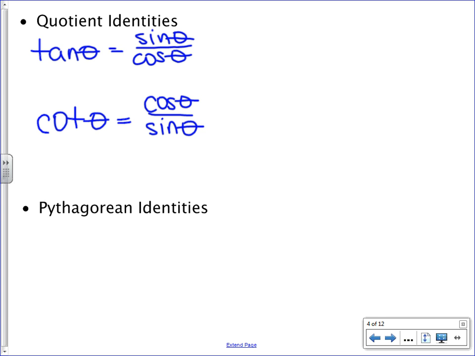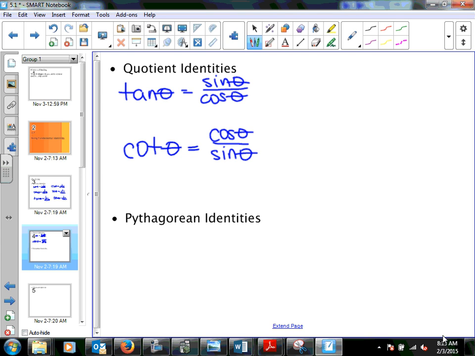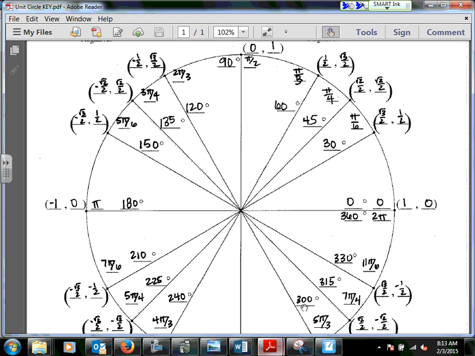Pythagorean identities. What's the Pythagorean theorem? Okay, we have a right triangle, leg squared plus leg squared equals hypotenuse squared, right? So I'm going to go back to our unit circle here. And so we'll just take this right here.